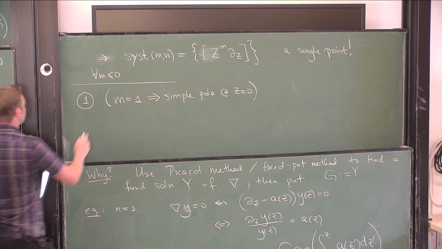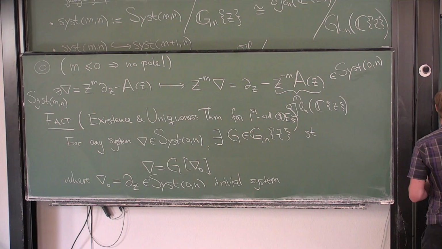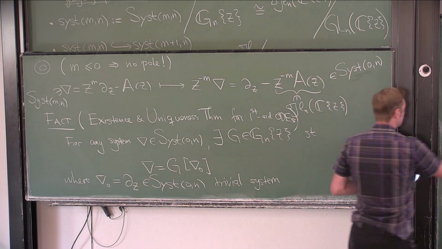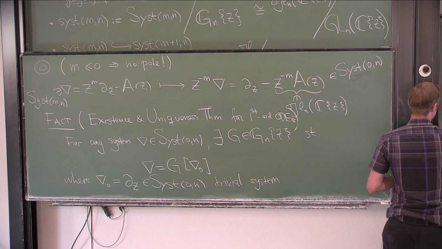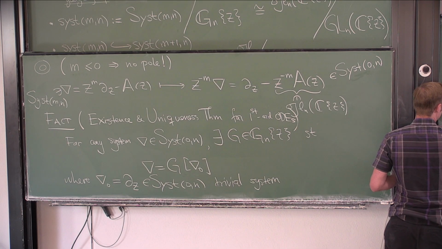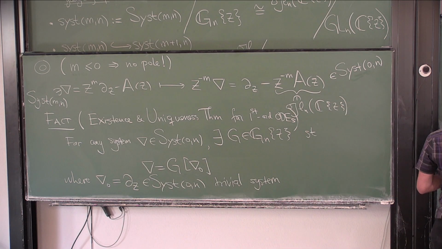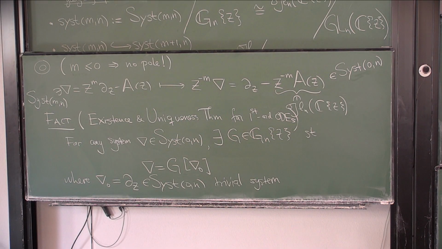So any system in syst 1n is of the form z del z minus a of z, where a of z is a matrix of convergent power series.